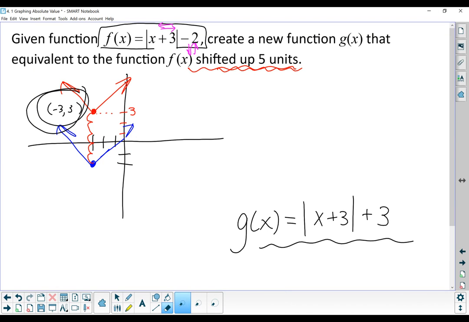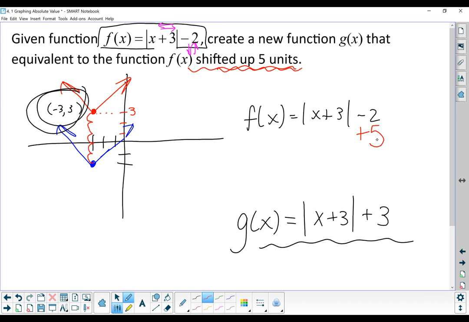So left and right is horizontal and up and down is vertical. If I want to move it up 5, I'm just adding 5 in the vertical direction. So that just means that it's a plus 3 at the end.